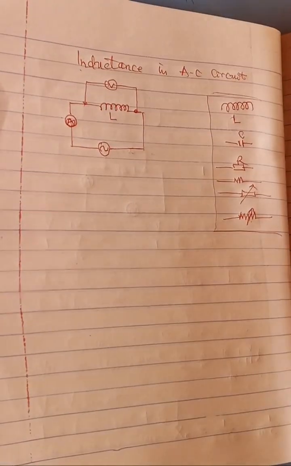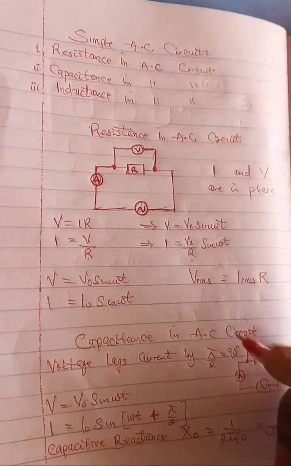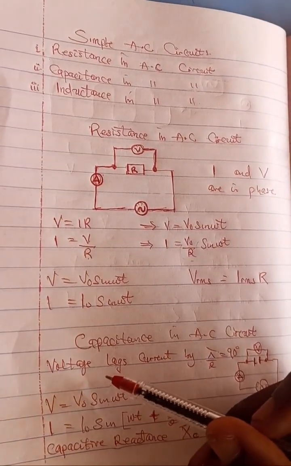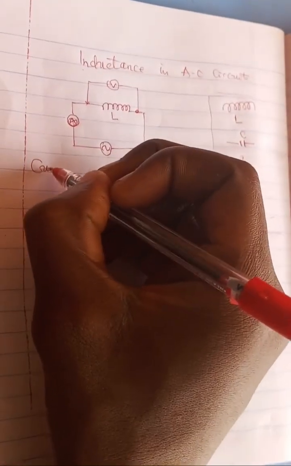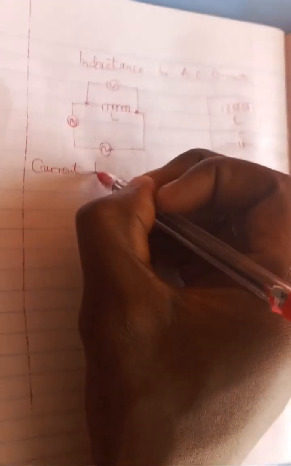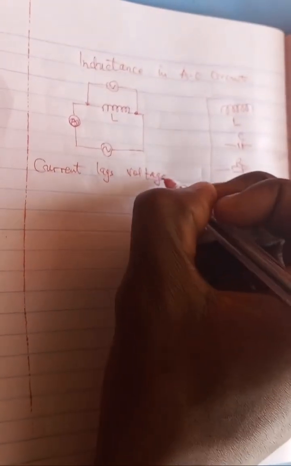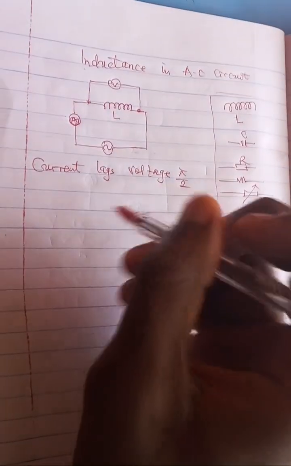Remember, in the first case, current leads voltage. That is, if current is leading voltage, it means that voltage is lagging current. But in this case, we say current lags behind. That is, current lags voltage by pi by 2 radians or 90 degrees as usual.